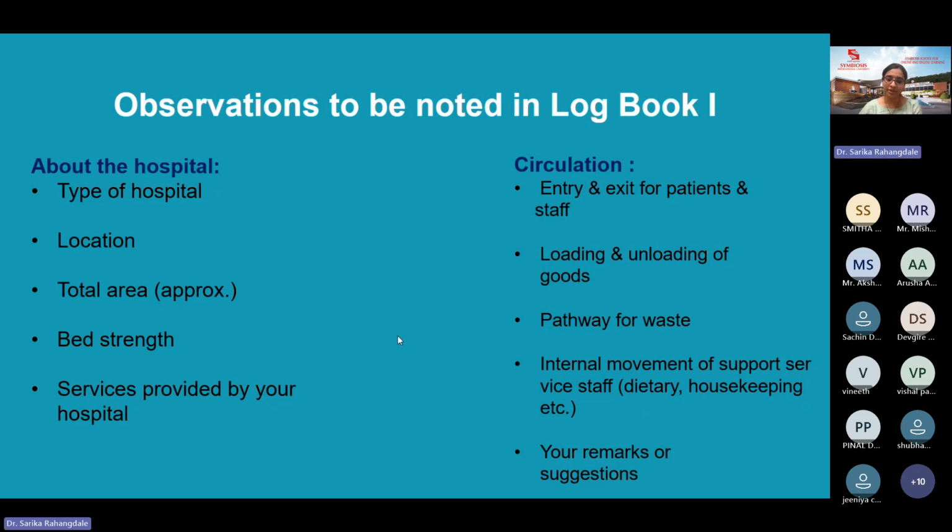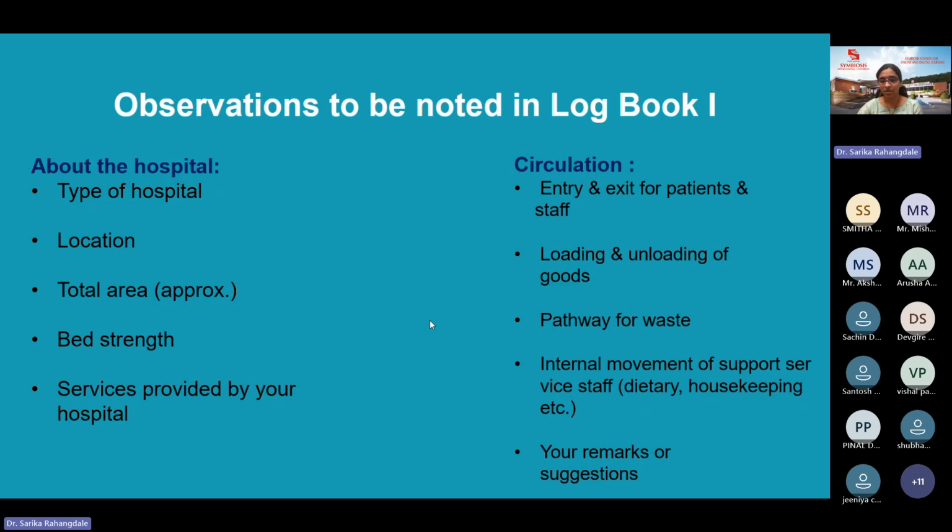Then there is the internal movement of the support services staff, like the housekeeping people or the watchmen who manage security in the hospital. At what time are the housekeeping people doing their job, whether they have been given a designated time, and they are doing it only at that time.